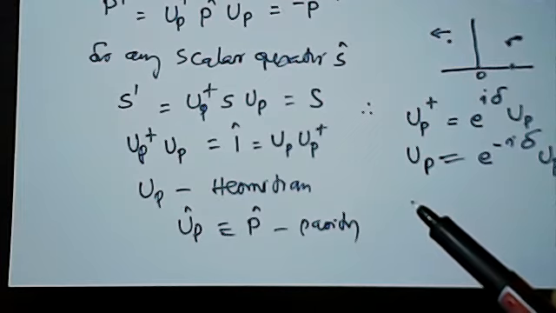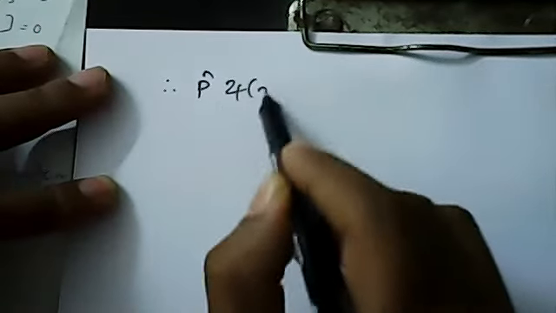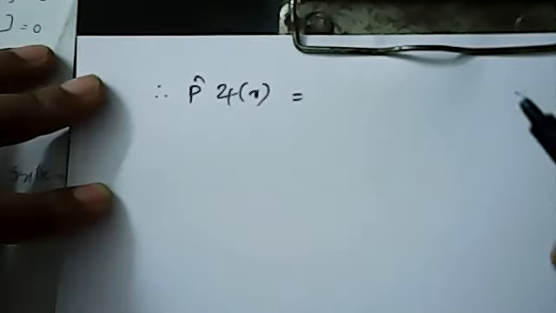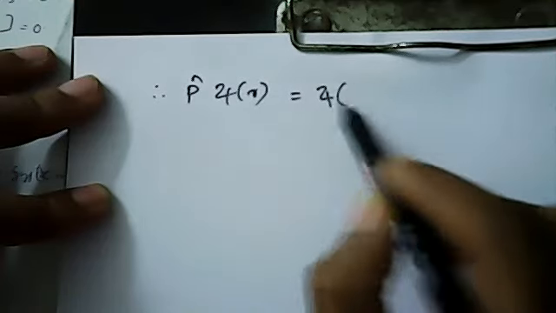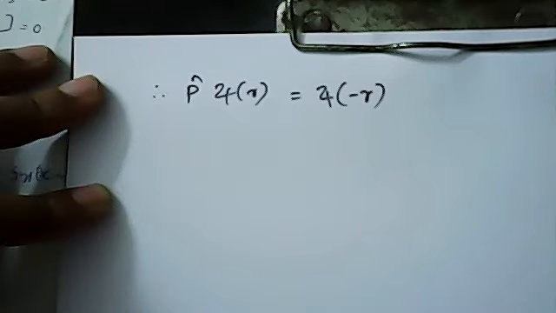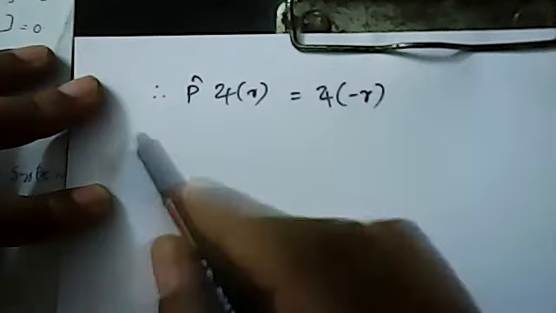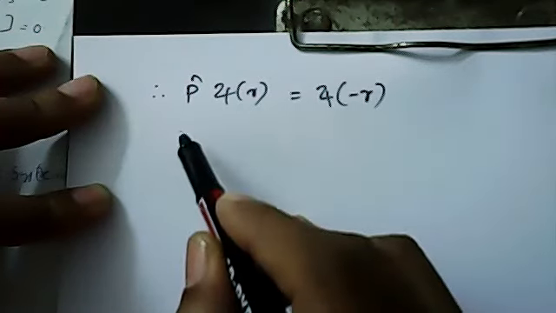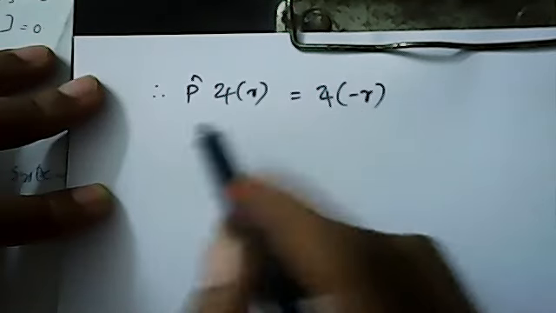Now the question is, when P acts on the wave function, what happens? P acting on psi of R, as a result, R becomes minus R: psi of minus R. This is the effect of P. Suppose P is acting once more, P square.